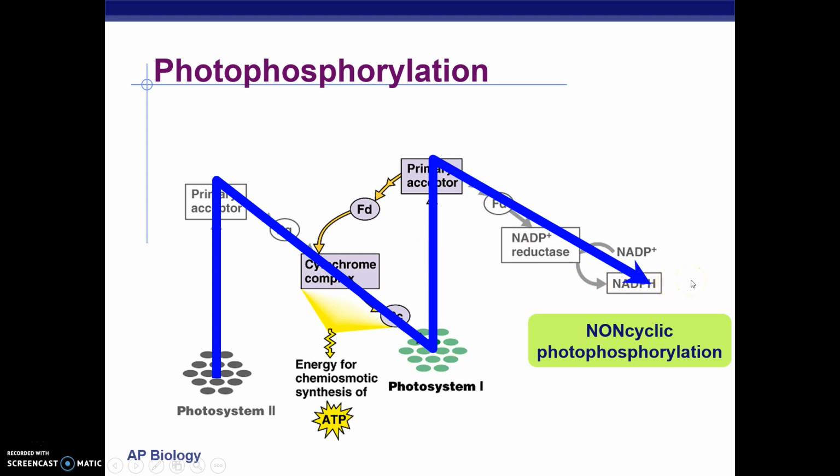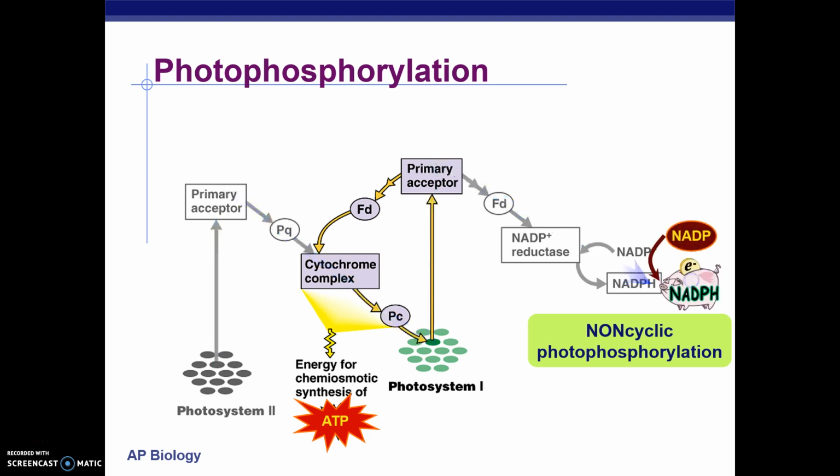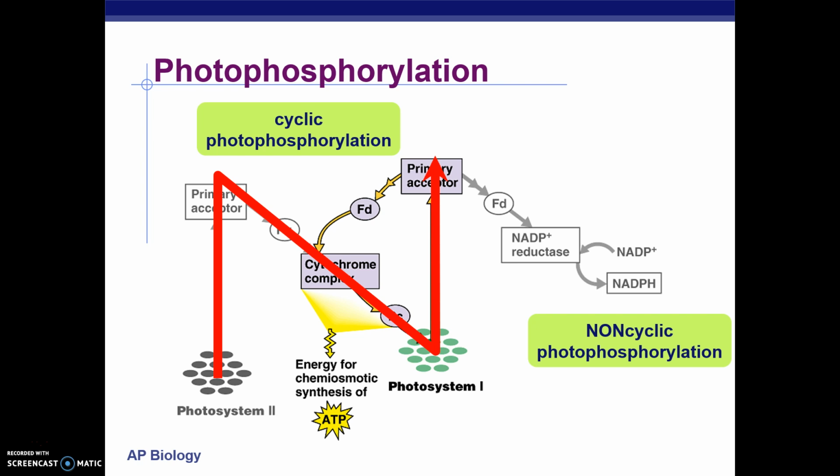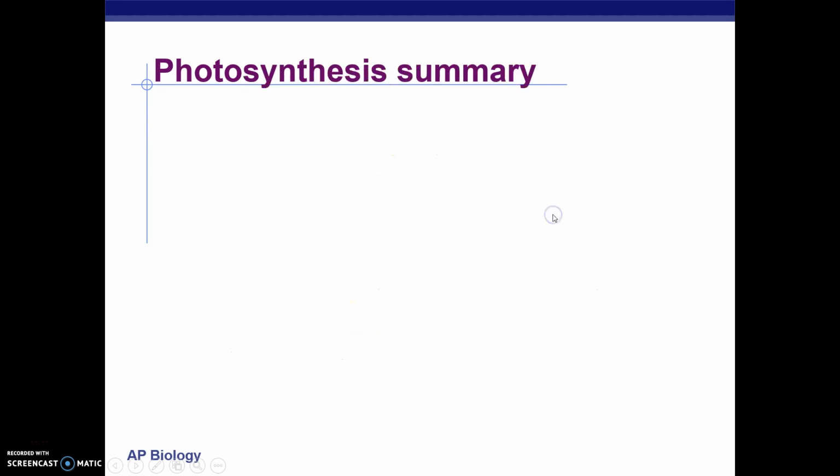That's the non-cyclic photophosphorylation, which produces ATP and NADPH. In the cyclic kind, the electron goes from photosystem 2 to photosystem 1 and back again to photosystem 2, which generates more ATP and no NADPH.